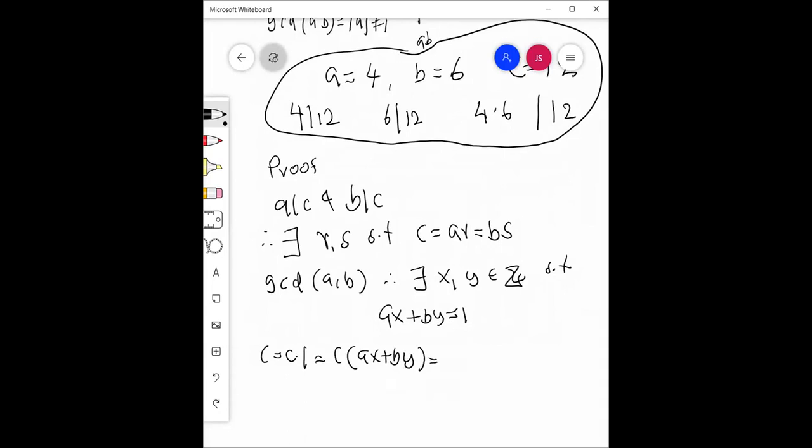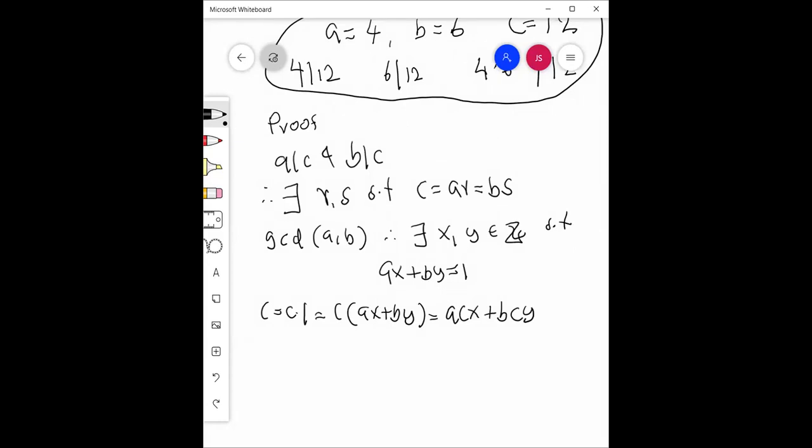which is equal to ACX plus BCY, right? Now, remember that in ACX plus BCY, you can put C equal to AR and C equal to BS.